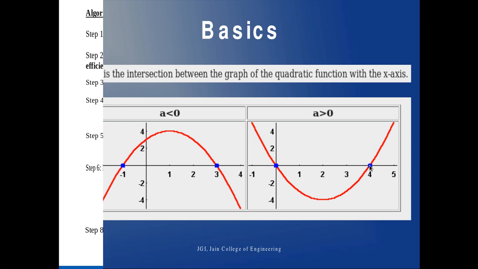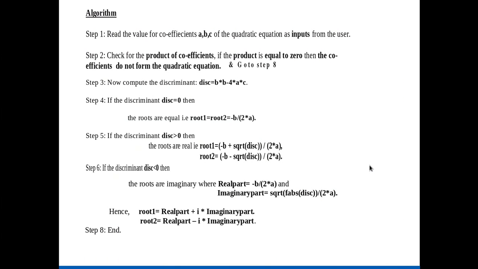Let me begin with the algorithm. Here we have an 8-step algorithm meant to find the roots of the quadratic equation. Initially I read the coefficients a, b, c as inputs. First and foremost, I check the product of the coefficients. If any one or two of the inputs are 0, then the product will be 0.